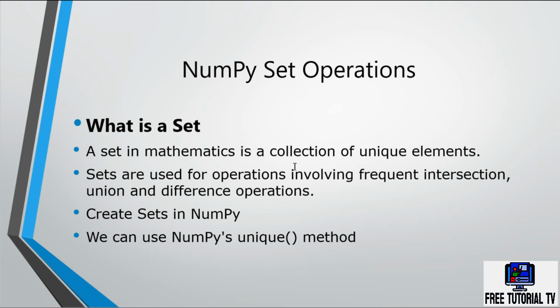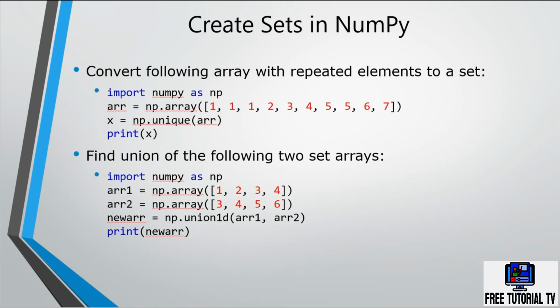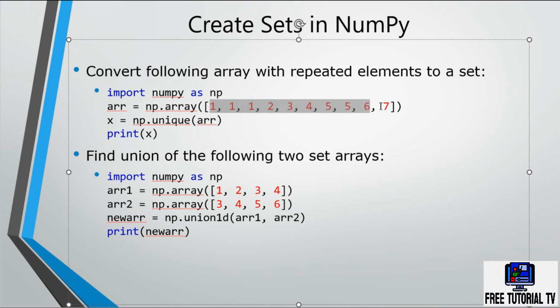You can create a set in NumPy, and you can do operations on it. A set is nothing but a unique number generation. So you can always have a unique array, where the repetitions are removed and it generates a unique array. No repetitions will be there, so it is a set.